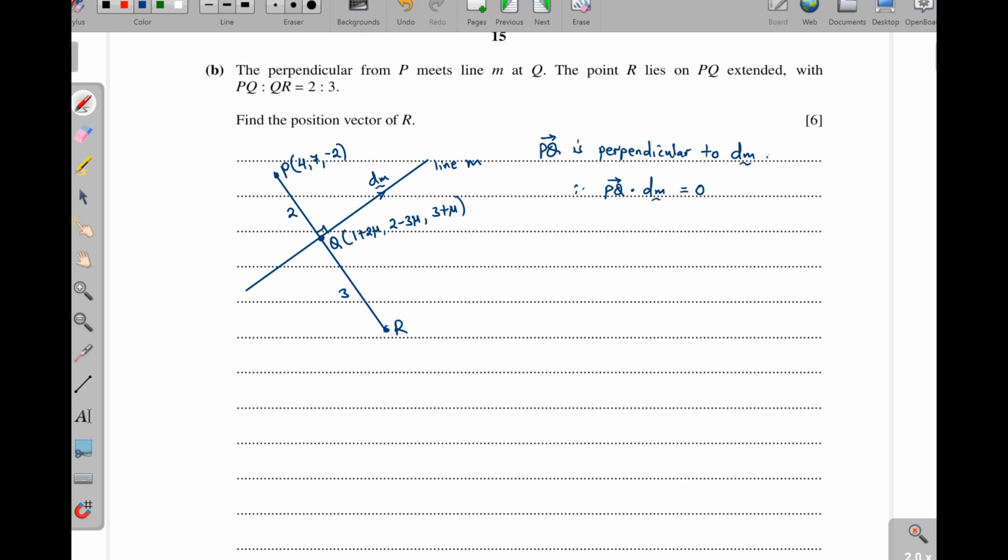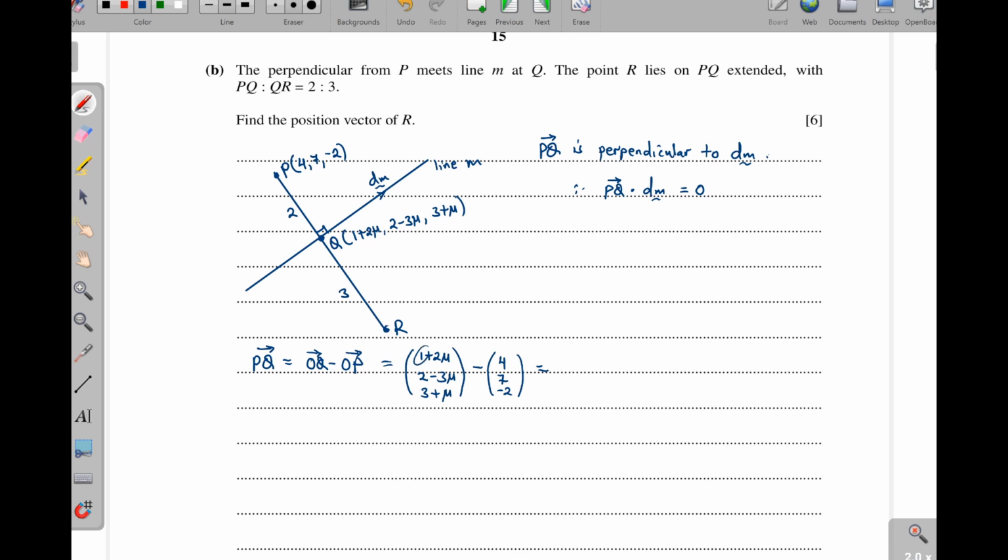How do we get PQ? PQ shall be equal to, you get OQ, you get the last minus the first, not so? So our OQ is 1 plus 2 mu, then 2 minus 3 mu, and then 3 plus mu. Then we subtract OP, which is 4, 7, negative 2.